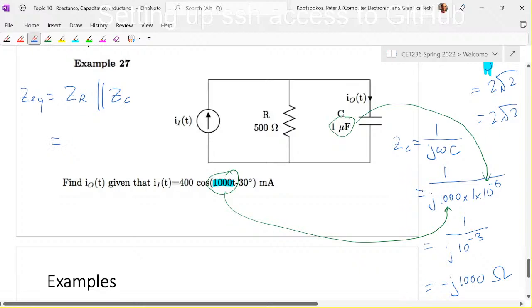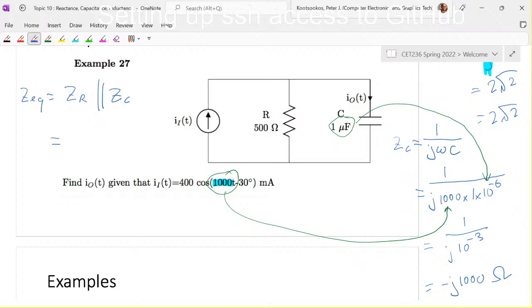Let's see if I can pull somebody else. So Beata, how do I find ZR in parallel with ZC? Yeah, exactly.